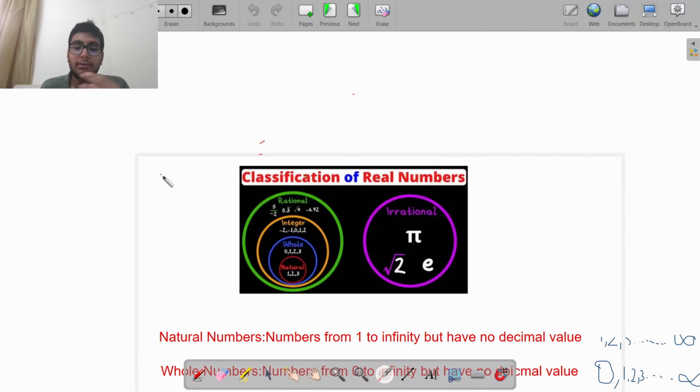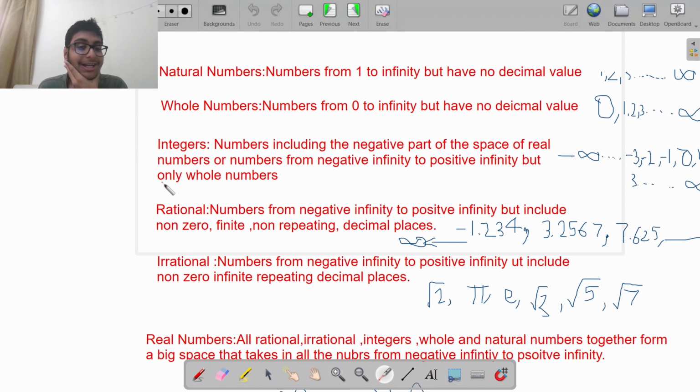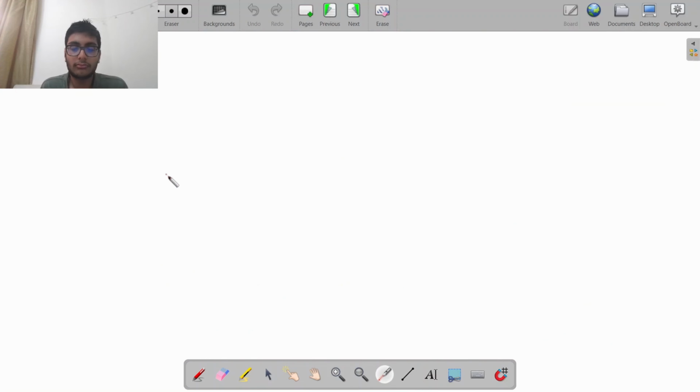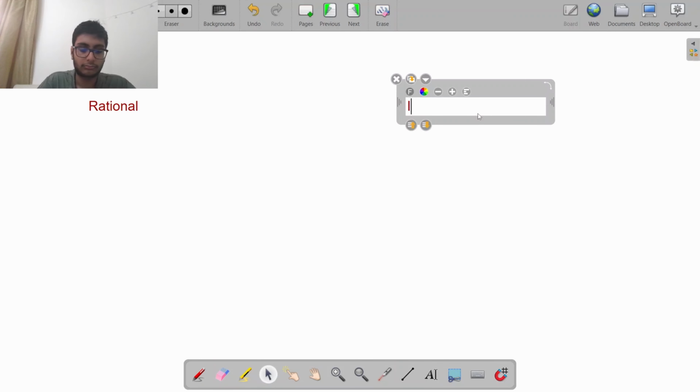Now, let us find a difference between these rational and irrational numbers. Now, one thing we need to know about the difference between a rational number and an irrational number is that rational numbers are of two types, but irrational, unlike rational, plays our game a bit differently in mathematics.